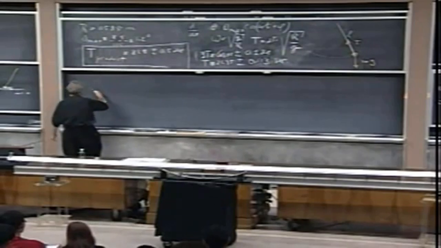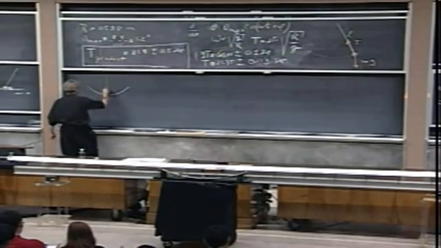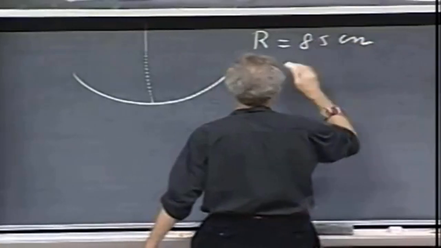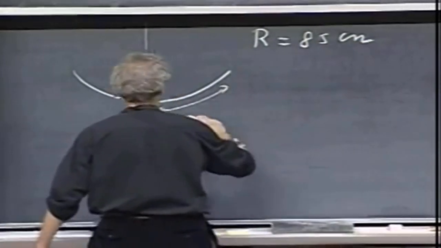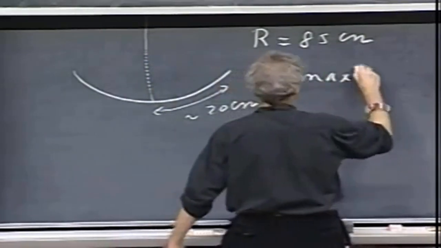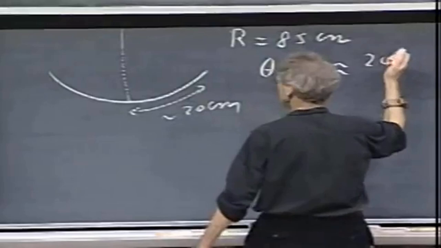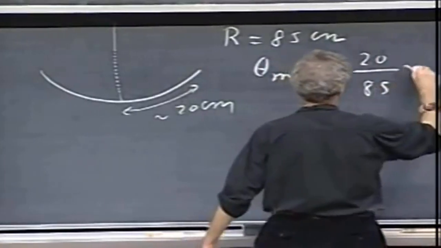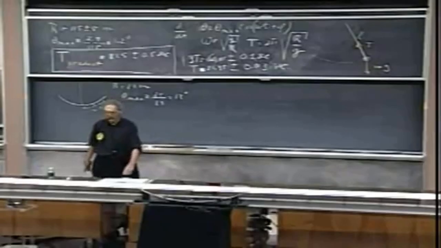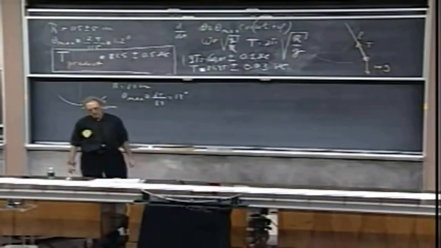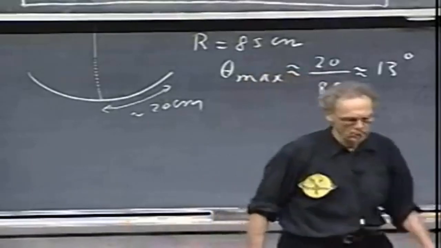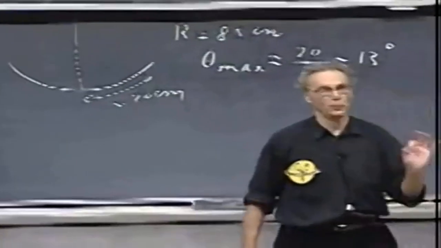So R equals 85 centimeters, and this here is approximately 20 centimeters, so theta maximum is roughly 20 divided by 85, and that is something like 13 degrees. 13 degrees is not a bad situation, because the difference between cosine theta and 1 minus theta squared over 2 is less than 0.01%.